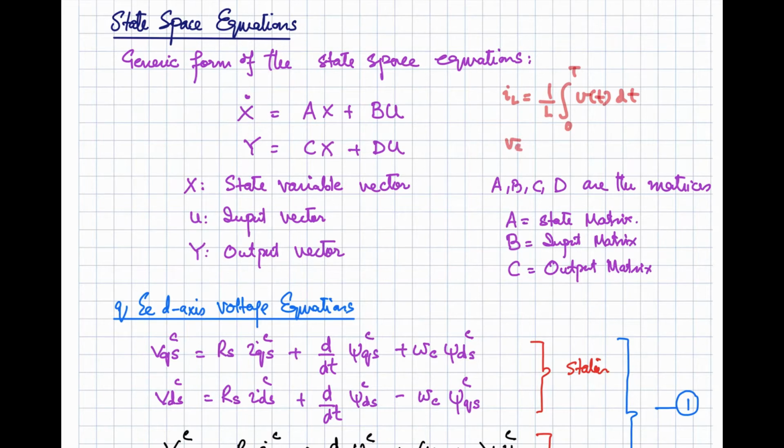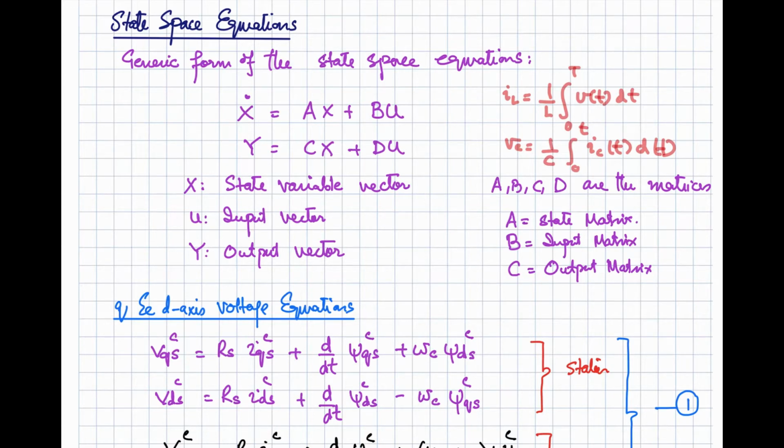Similarly, your capacitor voltage Vc is equal to 1 by C times the integration of the capacitor current. So if you have an integrator whose input is the capacitor current, the output will be the capacitor voltage, considering this 1 by C. So your capacitor voltage can be a state variable.